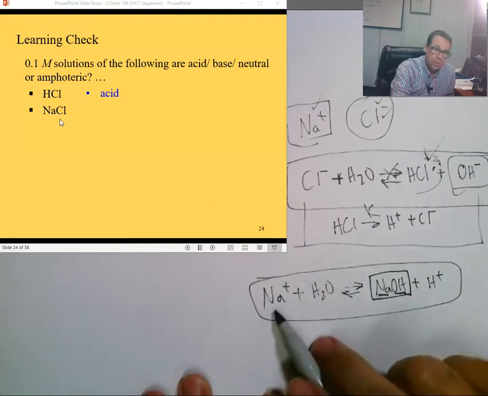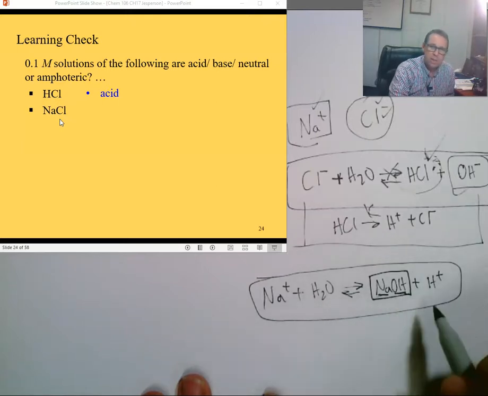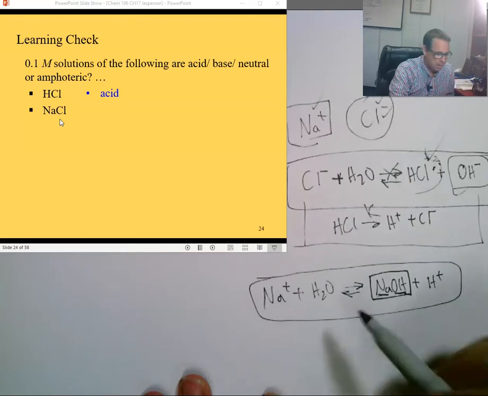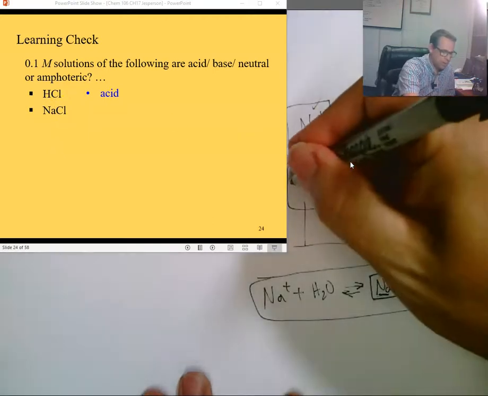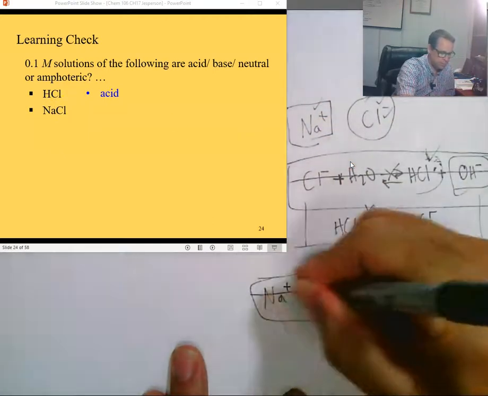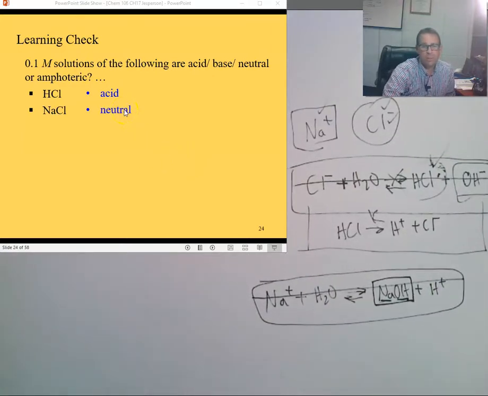So when you put sodium ion in solution, it will never interact with water and affect the pH because it can't pull hydroxide ions away from water and result in the hydrogen. So neither the sodium nor the chloride ion of sodium chloride is going to influence the pH. Neither of these will occur. So this is not going to affect the pH of a solution. It's going to remain neutral.